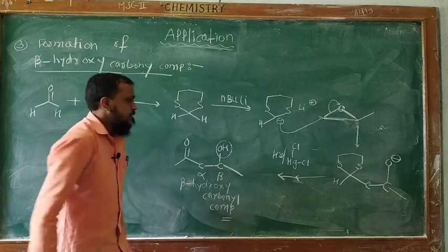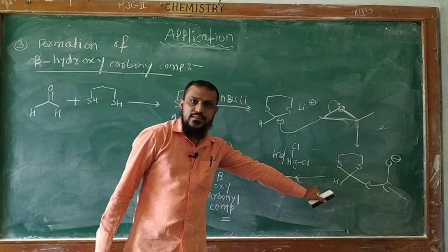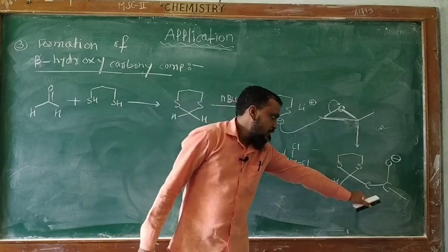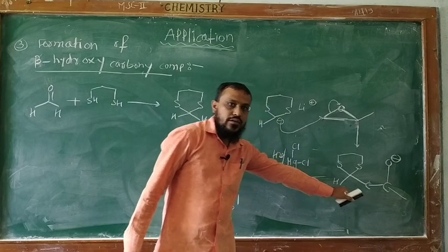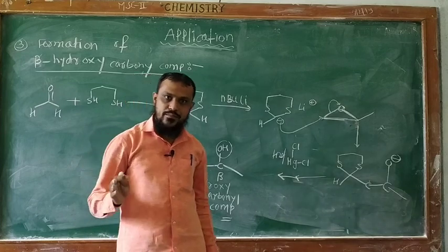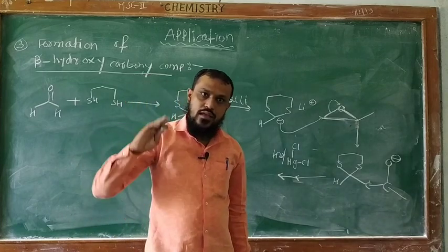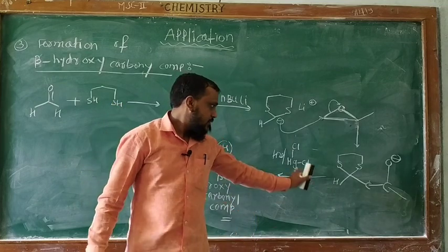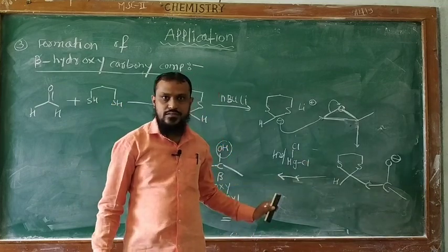Okay, the mechanism of conversion of this compound into beta-hydroxy carbonyl compound is the same as we saw in the previous lecture. Okay, this is amalgamated hydrolysis.